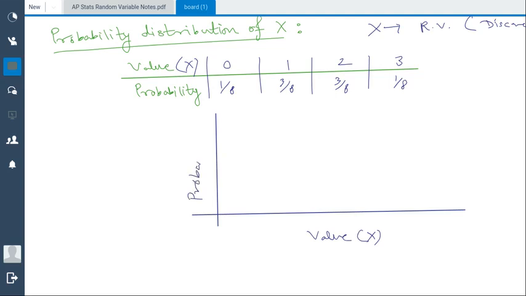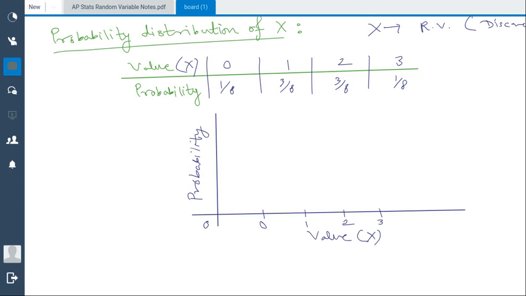Let's say it is starting at 0. What values was x taking? 0, 1, 2, 3. In a histogram, the bars are just side by side.